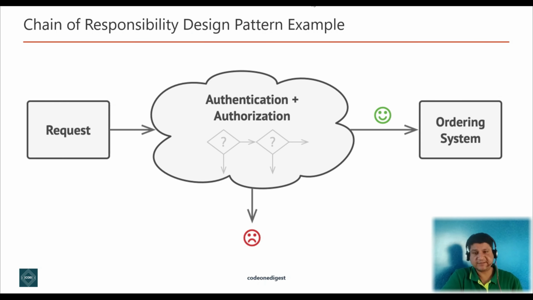Friends, now let's understand chain of responsibility design pattern with an example. Imagine you are working on an online ordering system. You want to restrict access to the system so that only authenticated users can create orders. Also, users who have administrative permissions must have full access to all the orders.